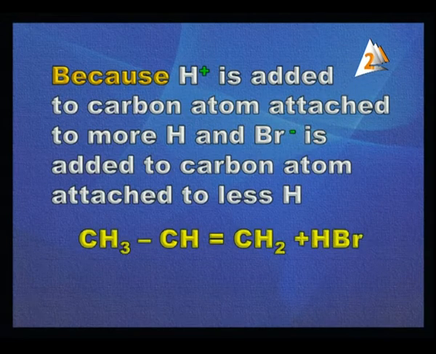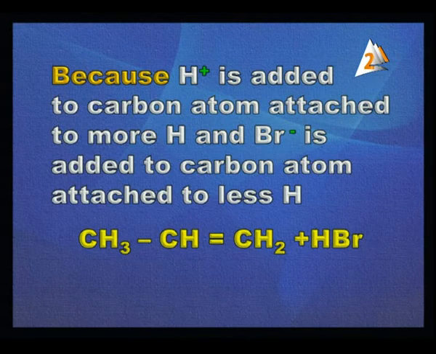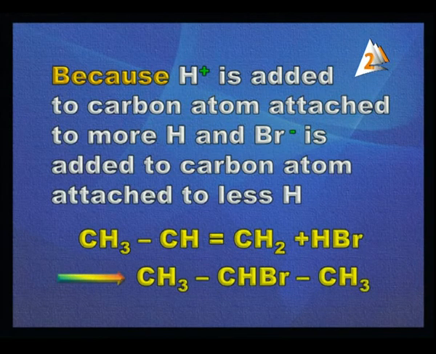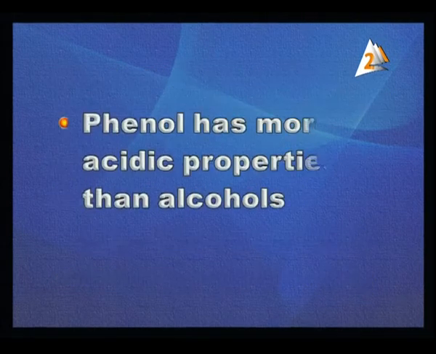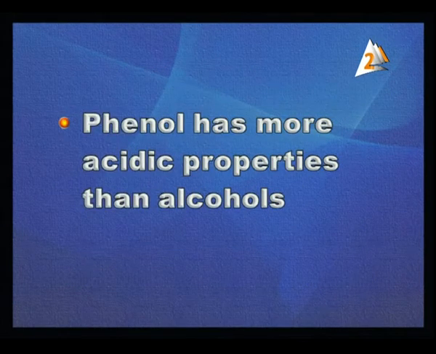We have an equation. This equation will be CH3-CH=CH2 plus HBr. So the answer directly is CH3-CHBr-CH3. Good and wonderful. The other question, phenol has more acidic properties than alcohols.